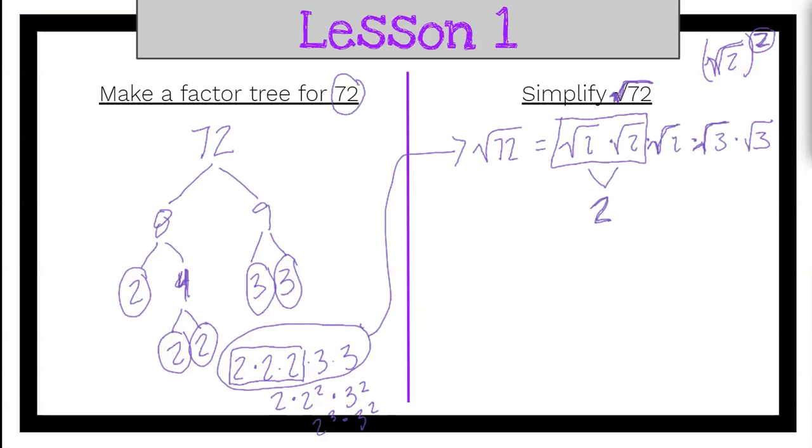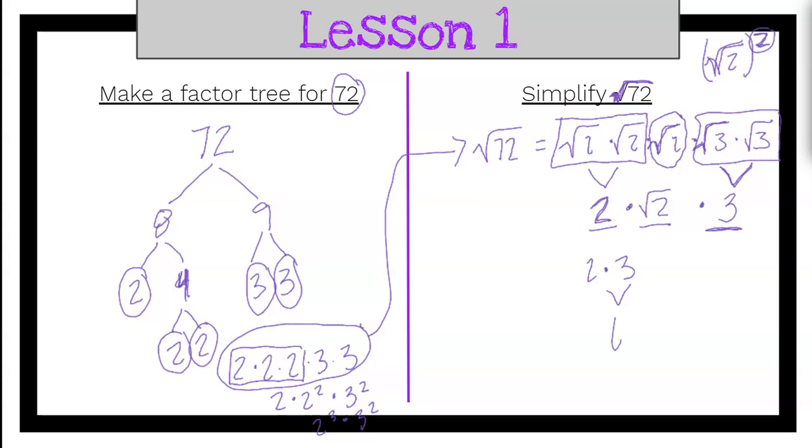So we know that that's 2. Now we just have this square root of 2 that's all by itself. We can't multiply that with anything else. And then we have this pair, square root of 3 times the square root of 3, same philosophy, means that that is times 3. Now we have 2 times the square root of 2 times 3. Anything that's outside of our radical we can multiply together. So we can do 2 times 3. What is 2 times 3?